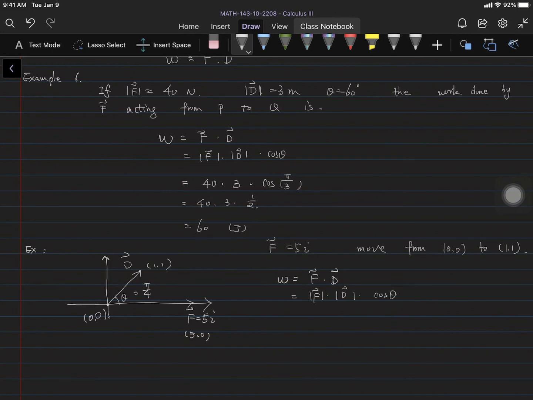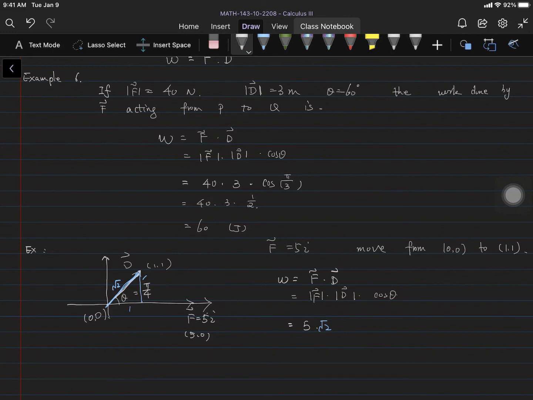Cosine theta is cosine pi over 4, and the length of 5i is just 5, and the length of D should be the length here. Do you know how to find the length here? Because the point is 1, 1, so it should be root 2. That is our length of D, right?